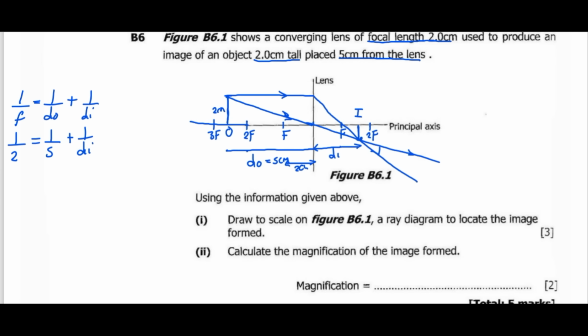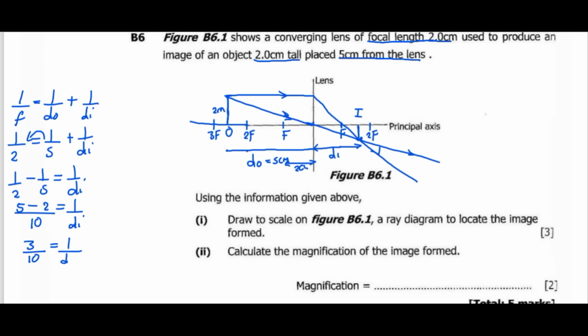Then here we can shift this number to here. This will give us 1 over 2 minus 1 over 5 is equal to 1 over di. Lowest common denominator is 10. 2 into 10 is 5 times 1. Here is 5 minus 5 into 10 is 2 times 1 is equal to 1 over di. 5 minus 2 will give us 3 over 10.